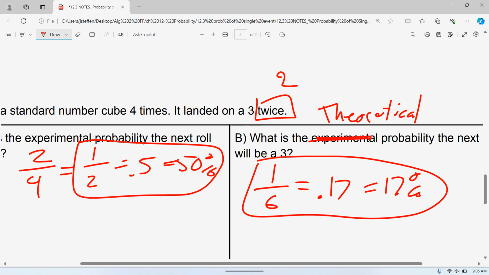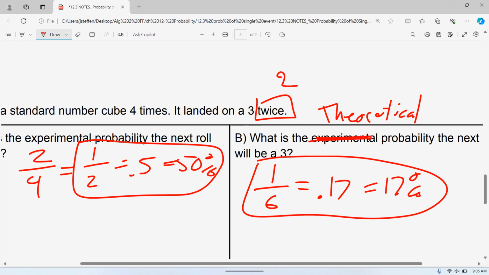The problem is we only rolled that dice 4 times. So it's maybe easier thinking about a coin. If you flipped a coin and it was heads, and then you flipped a coin again and got heads again, you wouldn't just say, okay, well, it's 100%, I get heads. But that would be experimental probability. You got heads 2 out of 2 times, so the experimental probability is 100%.